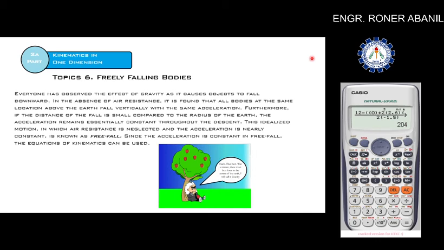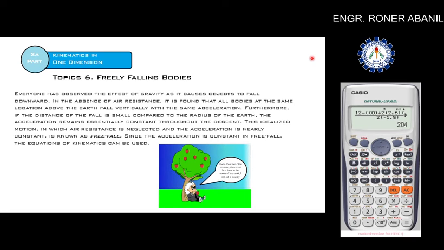This idealizes the motion in which air resistance is neglected. It is known as a free fall. Since the acceleration is constant in free fall, the equations of kinematics can be used.